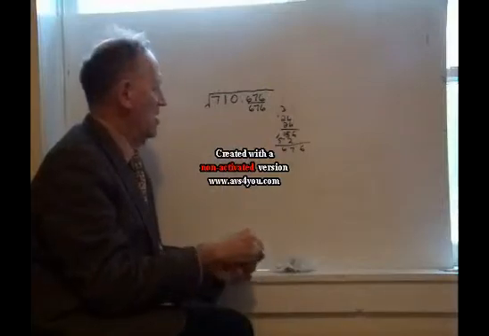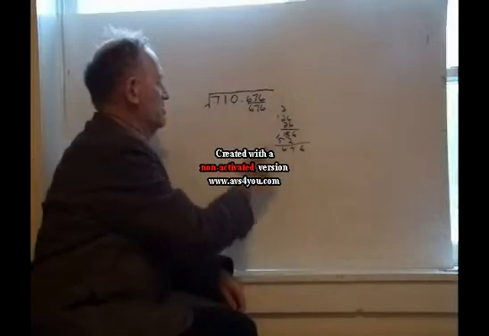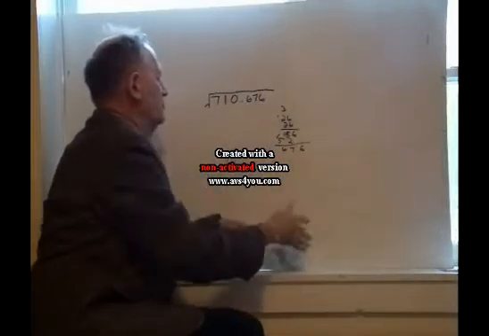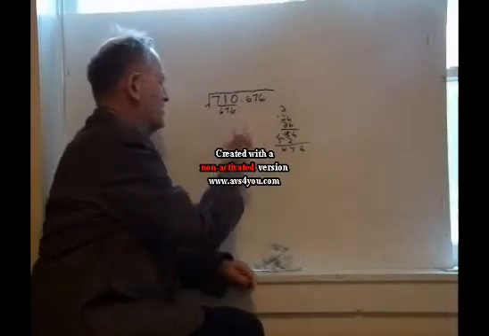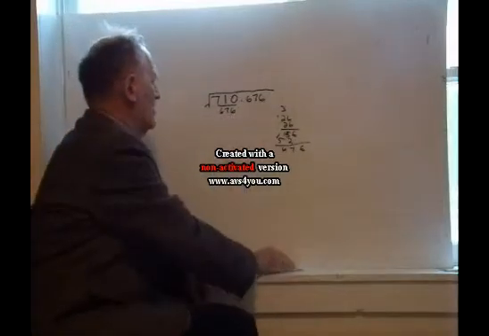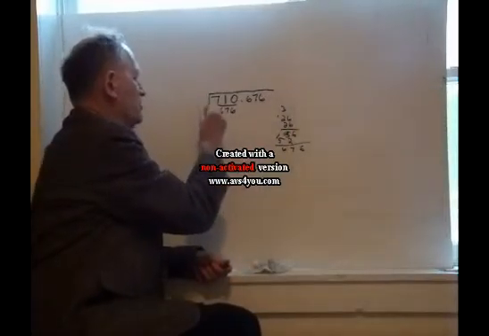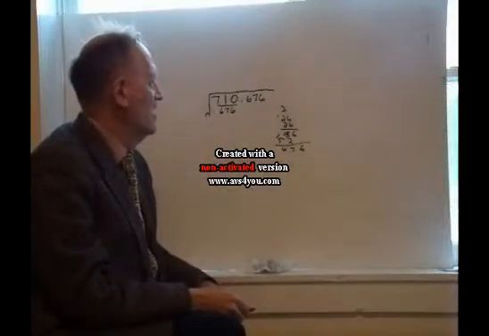Now I am going to do something a little sneaky. I'm going to take the 676 and I'm just going to put it under the 710 here. And if there is any doubt, I'm going to lengthen this symbol a little bit so that we know it includes everything that I've written down there.